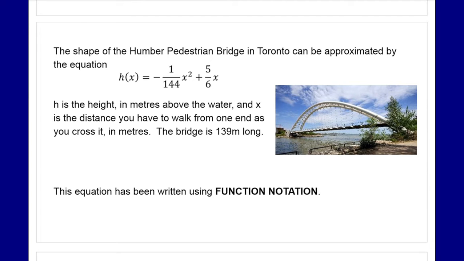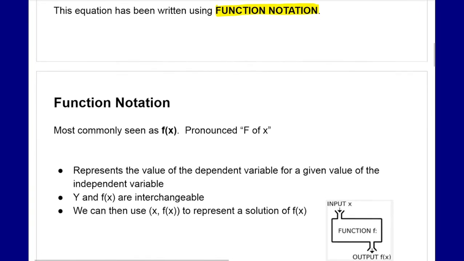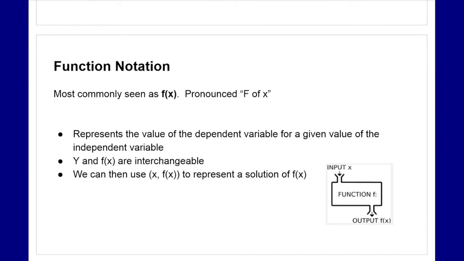So take a look at this equation and see if there's something unique about it that is a little different from how you've seen equations in the past, because this is written in function notation. Is there anything different that you may notice about this? If not, that's okay. Function notation is most commonly seen as f of x.